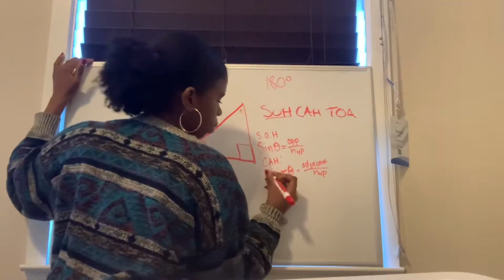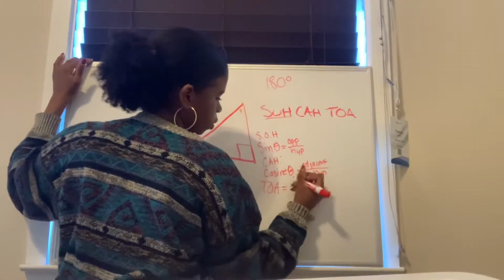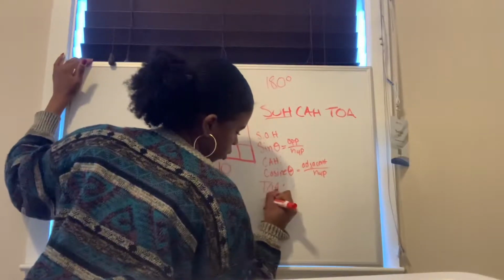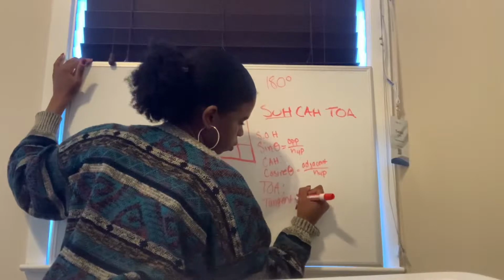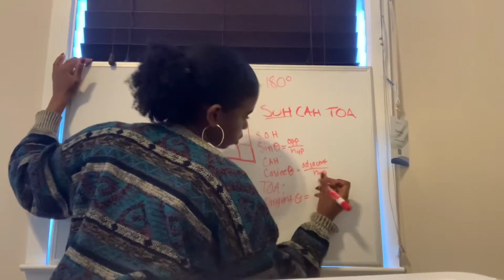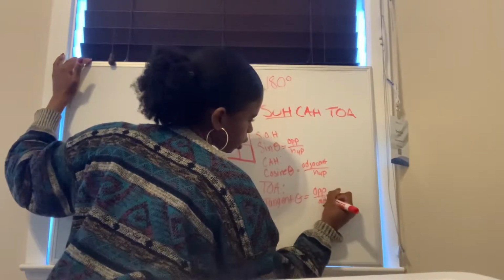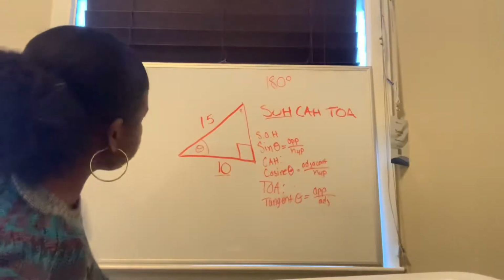And then TOA equals tangent of theta equals opposite over adjacent. Hope you'll be able to see that.